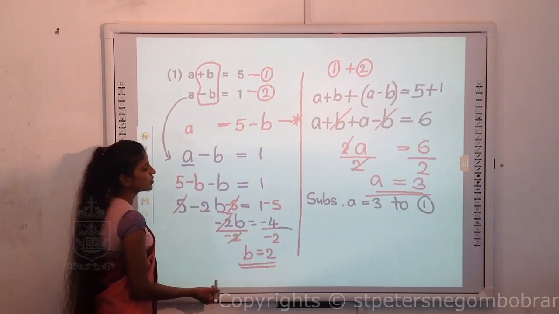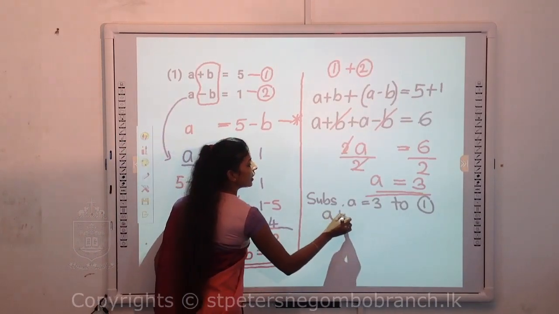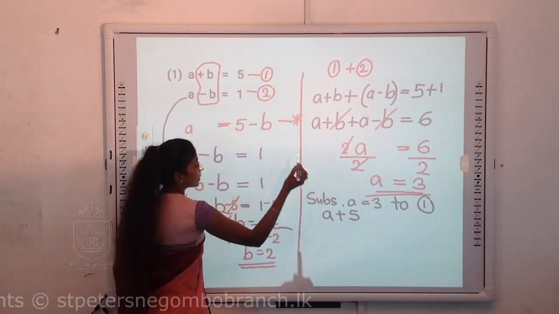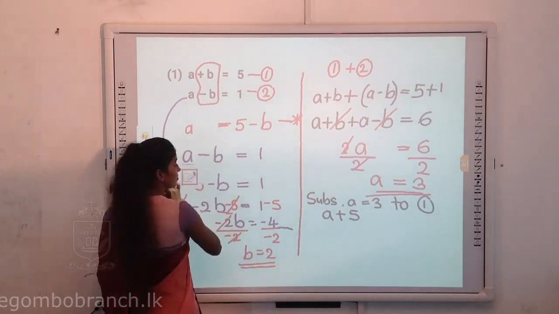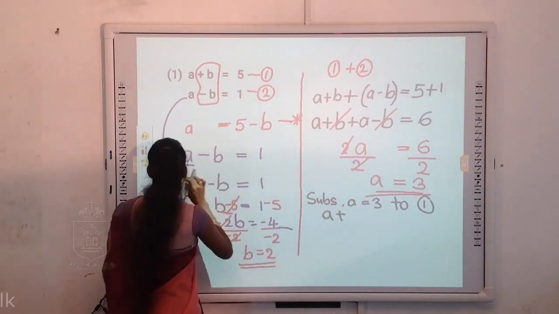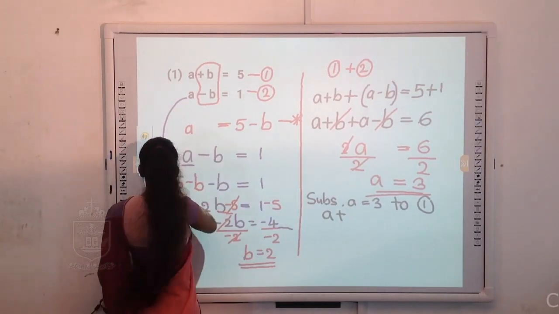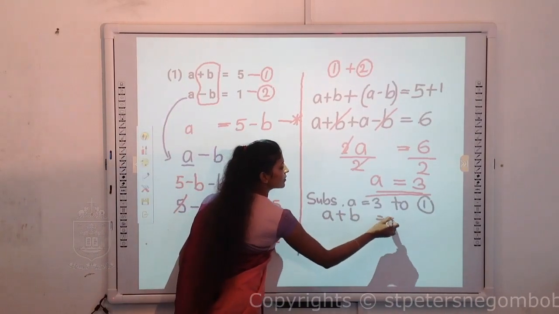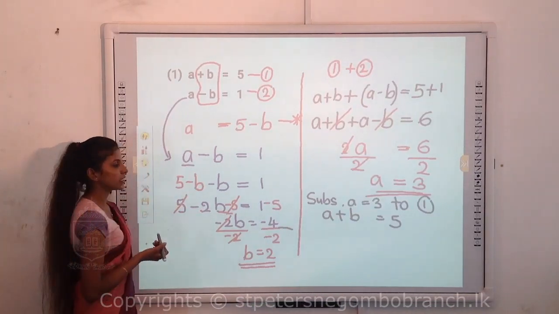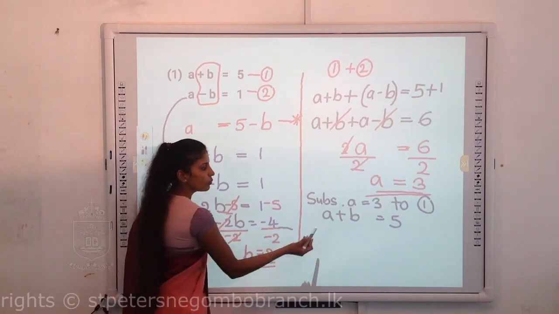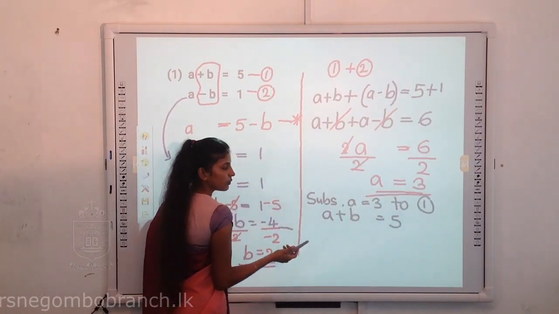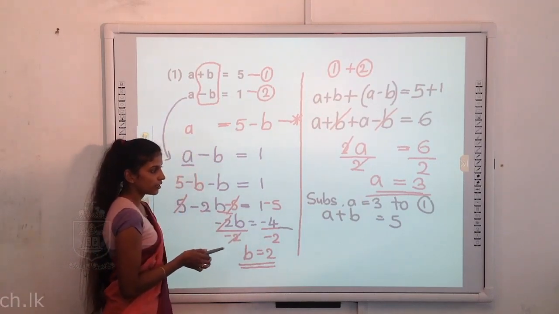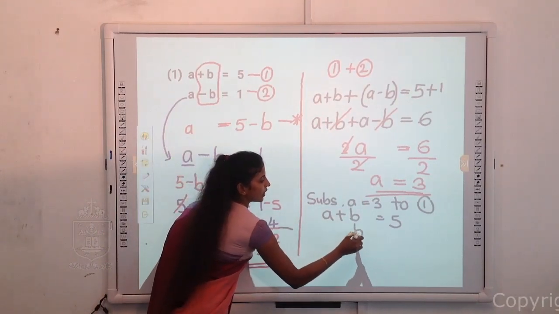So my first equation is a plus b equals 5. Okay, a plus b equals 5. Now what do I have instead of a? Now I already know the value of a. b, we can write it.